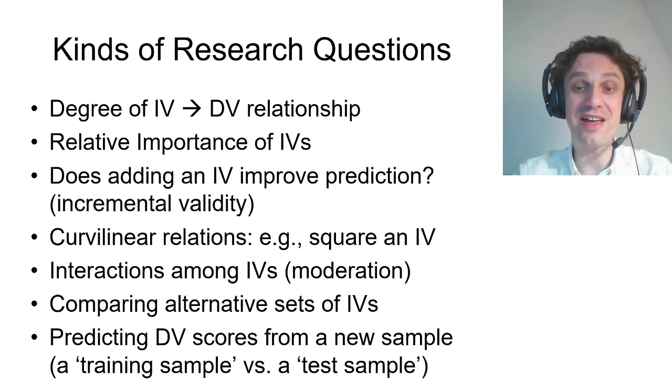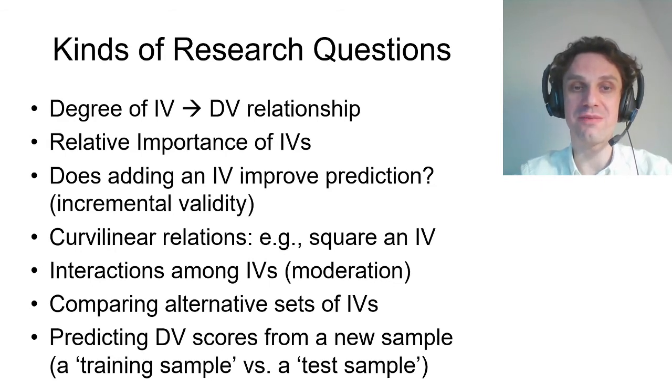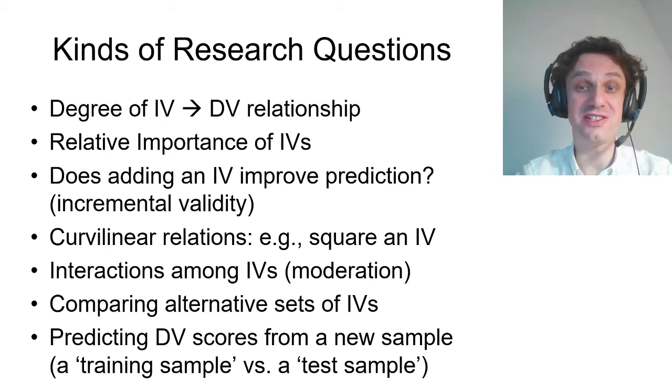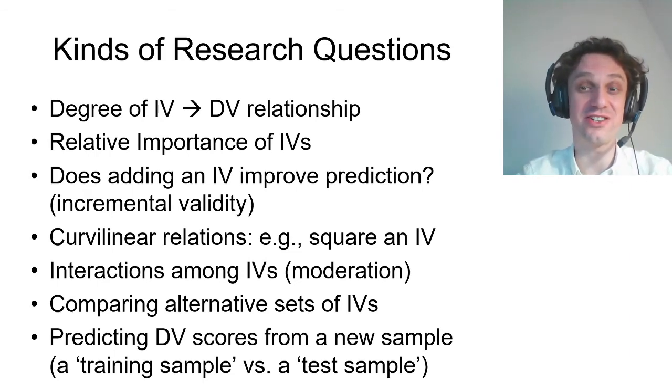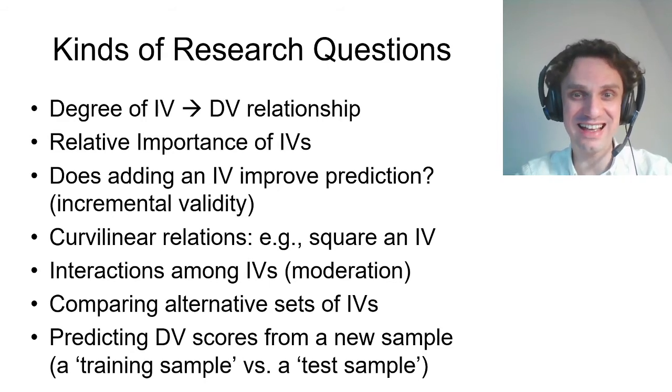Sometimes we want to compare regression models with different sets of predictors. For example, we want to add an additional independent variable to see if adding it improves prediction. Another, a bit tricky, type of research question concerns curvilinear associations. Of course you say, but how can this be possible, because regression is linear?